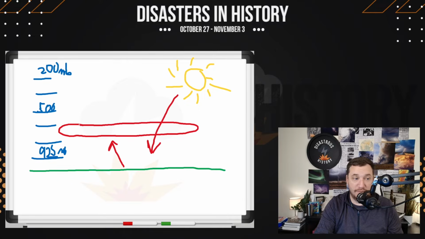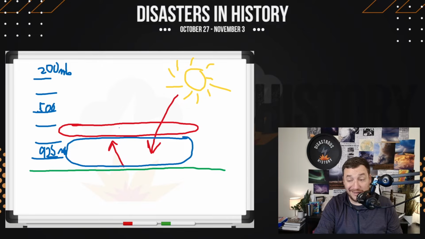This red oval is our warmer air mass, and it will slide up over the top of a colder air mass. Now, this presents a problem because colder air sinks, warmer air rises, and if you don't have any wind, this warm air doesn't go anywhere, right? So you don't have any mixing of this atmosphere.